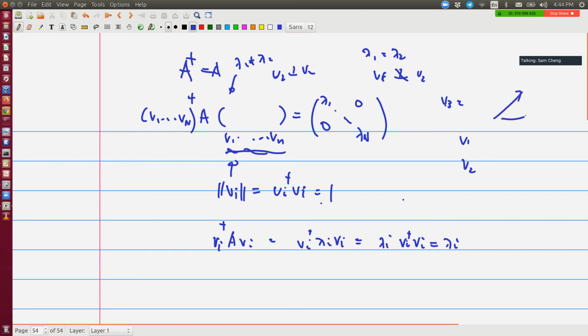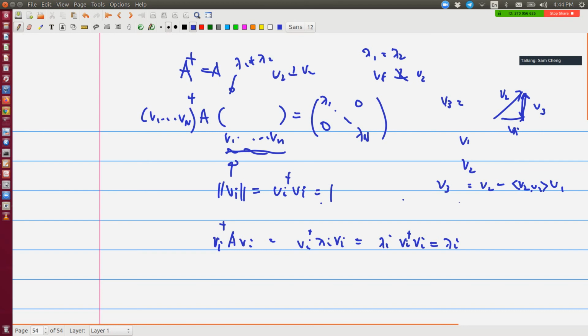Let's see how to draw it. This is v1, v2 here. Let's make something perpendicular to that as v3. So what I can do is take v2 minus the component along v1, that is, minus the inner product of v2 and v1 times v1. I can construct this as v3.